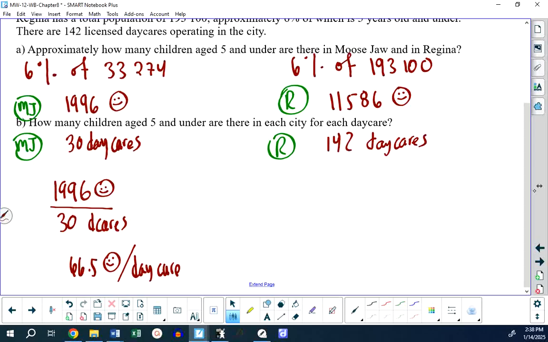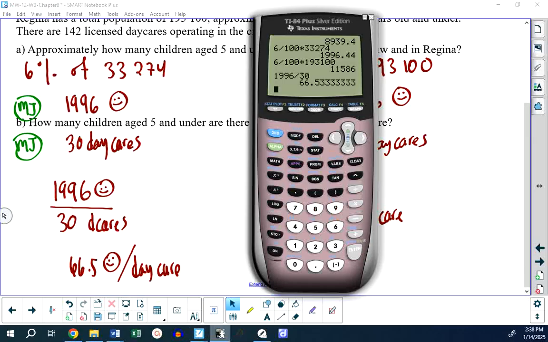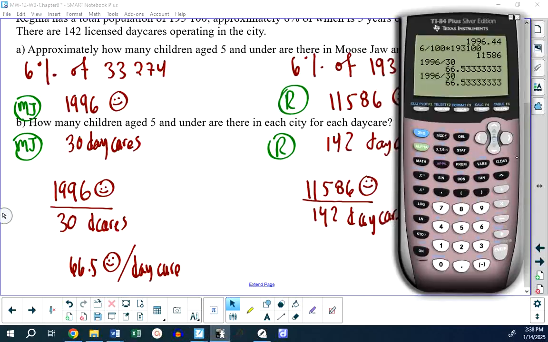So if we take the number of kids, 11,586, divided by 142 daycares, what do we get? 81, even more.